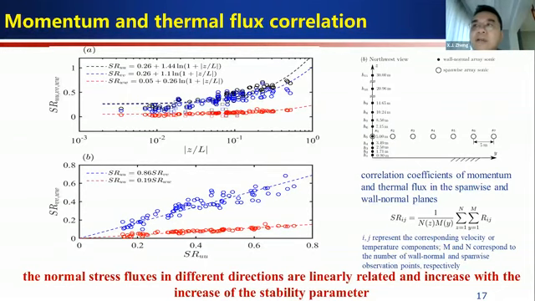Furthermore, we calculated the correlation coefficients of momentum and thermal flux in the spanwise and wall normal planes. Analyzed their variations with stability parameters. The results show that the normal stress flux in different directions are linearly related and increase with the stability parameters.